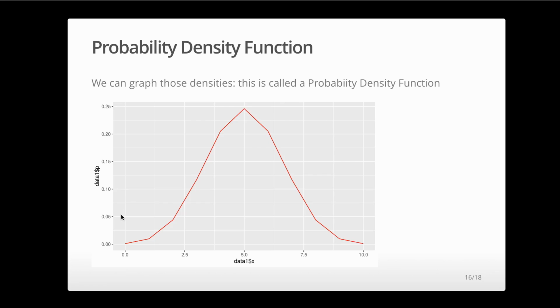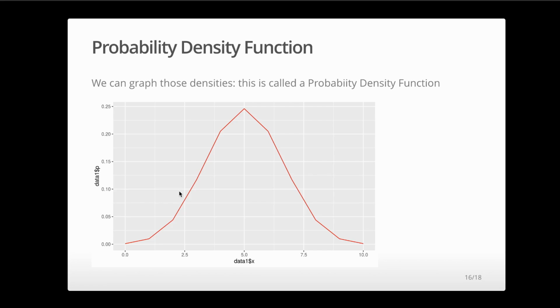Right, so this is called a probability density function. This is the PDF, right? So we can graph the PDF of getting various amounts of heads out of 10 coin flips. Now, we can add to it. This is called a PDF, and this comes from theory, from the mathematical theory that the dbinom function uses.